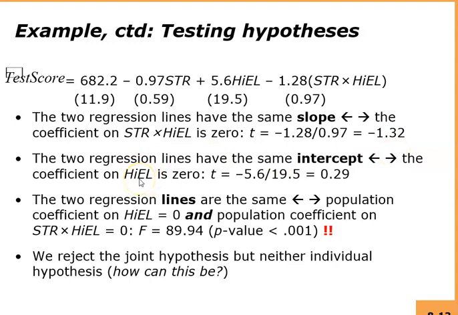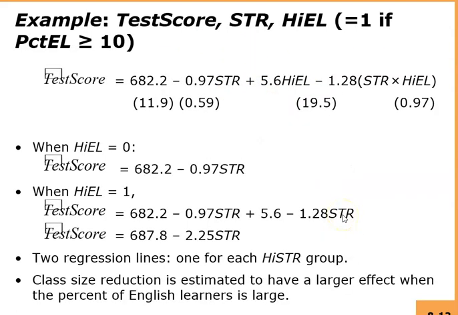Now let's see another hypothesis. Now we are testing the hypothesis that the two regression lines have the same intercept. Now the intercept is different because of the coefficient of high EL. And you can also take a look at why that is the case when you go back to the previous slide. You can see that the intercept is different from 682 in the first equation, because 682 plus 5.6 becomes the new intercept for when high EL is equal to 1.